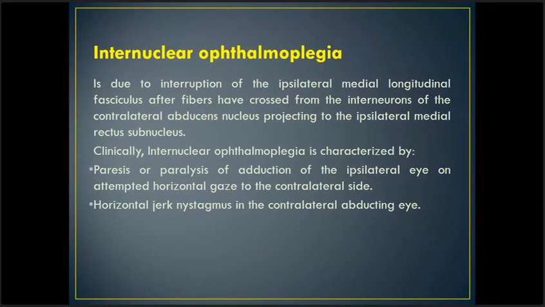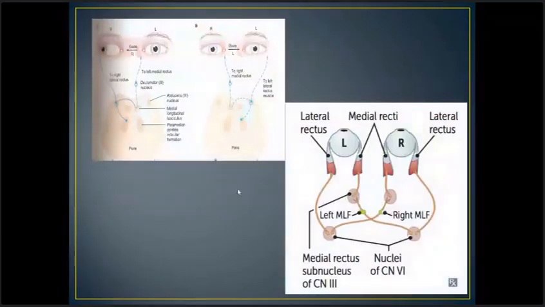What happens here is that the patient has difficulty adducting one eye. He cannot adduct this left eye, while the right eye has nystagmus to the right. This is internuclear ophthalmoplegia due to a defect in the medial longitudinal fasciculus.